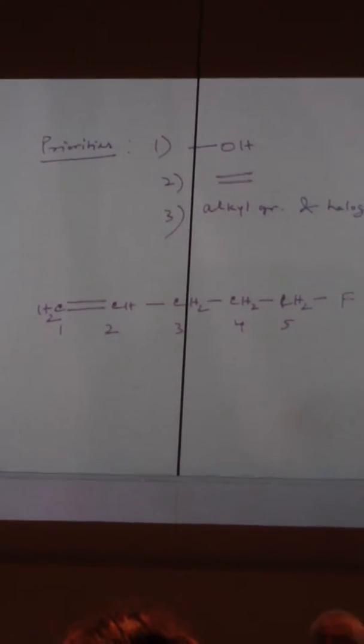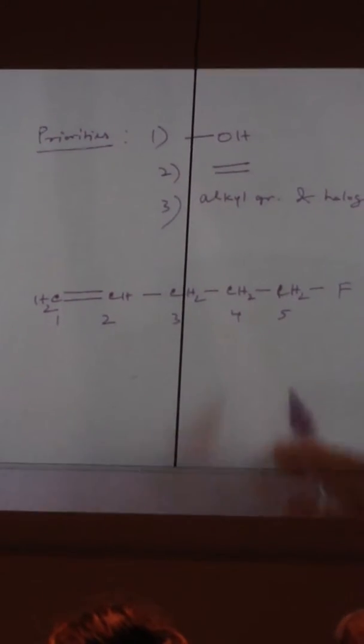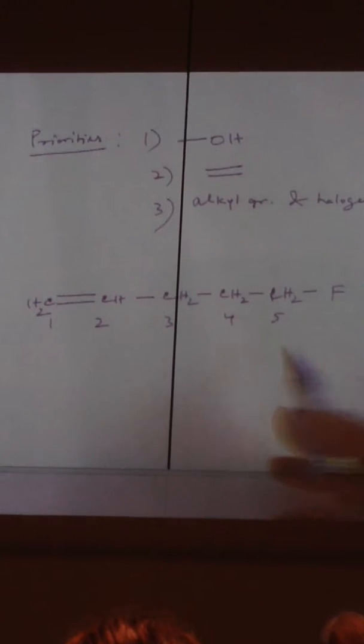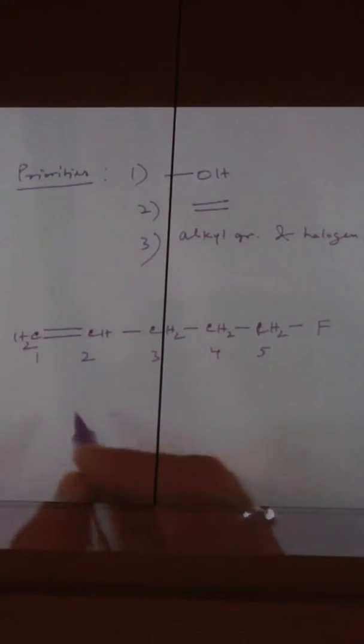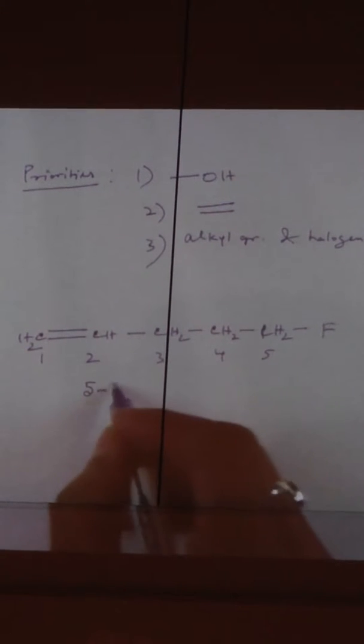So this is therefore 1, 2, 3, 4, 5. So it's a 5-carbon unit. So it's 1-pentene, but you have a fluorine group at the 5 position. So it's 5-fluoro-1-pentene.